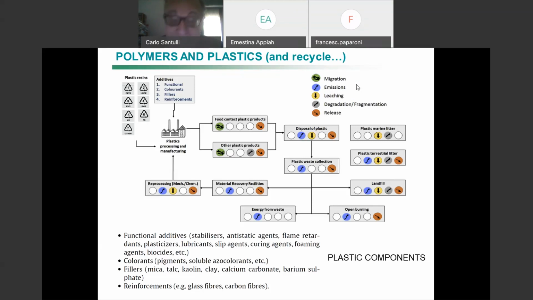So a plastic which contains plenty of cells or voids, and therefore it might be thick but light, like styrofoam, for example, which is obtained from polystyrene. Then we have some colorants, and we have as well some fillers, which are typically ceramics.